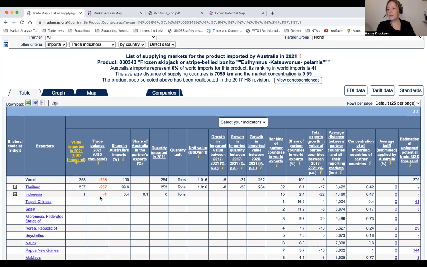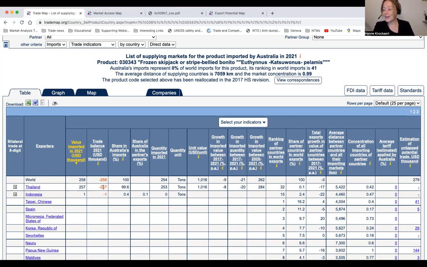We can see the trade balance. It's not very important. The trade balance just means that if it's a negative number, these countries are importers. If it's a positive number, these countries are even larger exporters, because imagine Thailand exports even more of this, a different, I'm in a different table in my head.